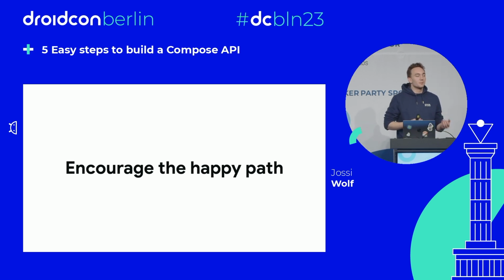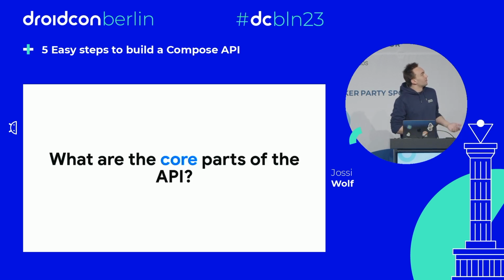It comes back to problem statements. Is it trying to address too many things? How can we make this a bit more restrictive? And then also, what are the core parts of the API? It's much easier to add code and APIs later on than to remove stuff, right?